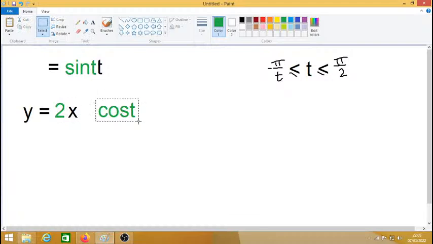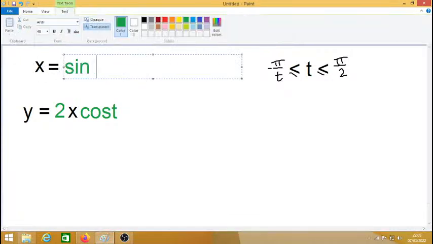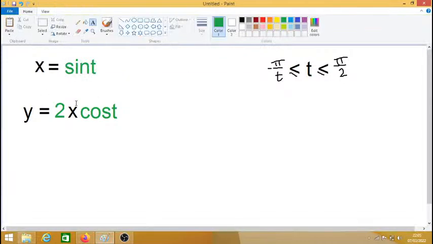So that's your full equation for y. Just going to take a copy of that because we will still need it a bit later. So x equals sine t, let me rewrite that, and y equals 2x times cos t.